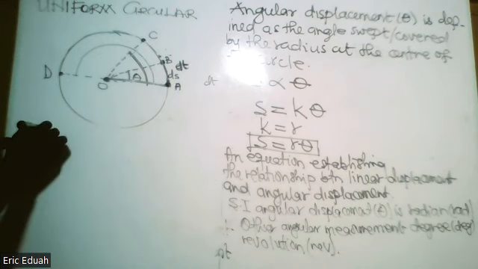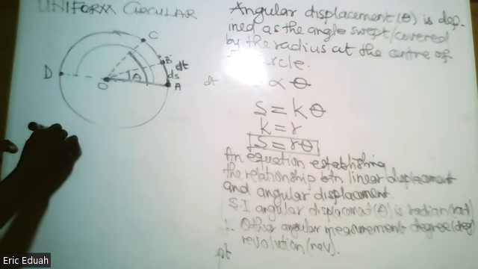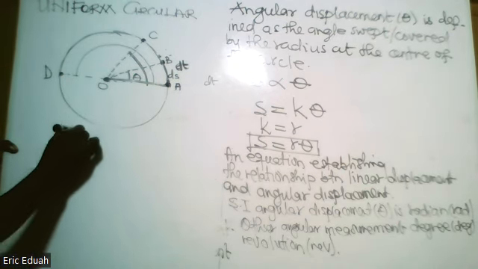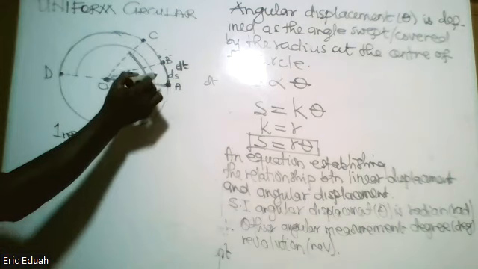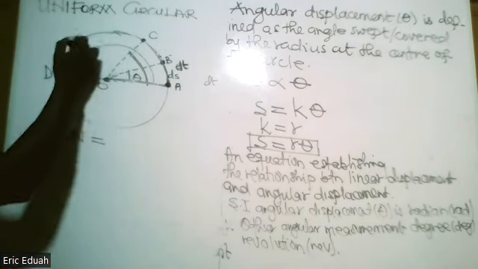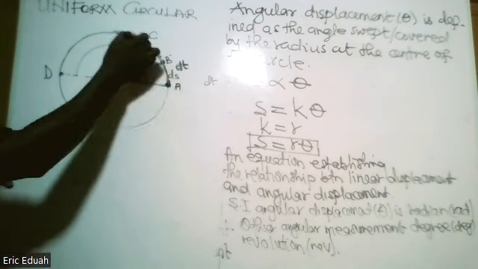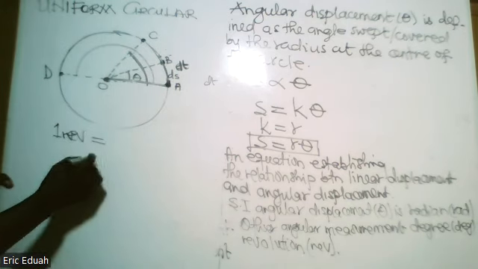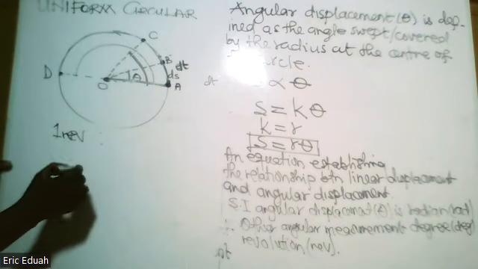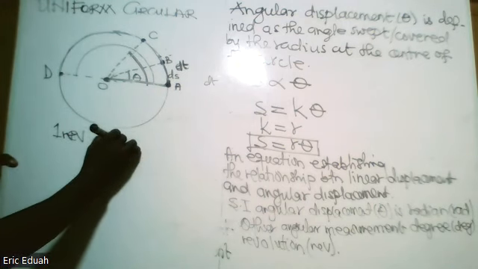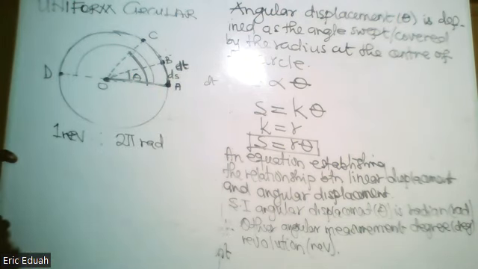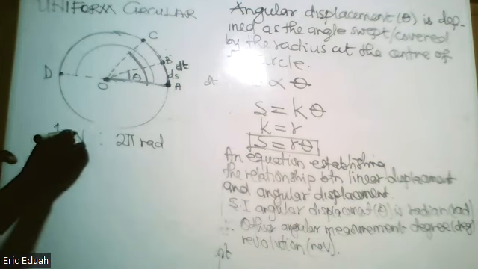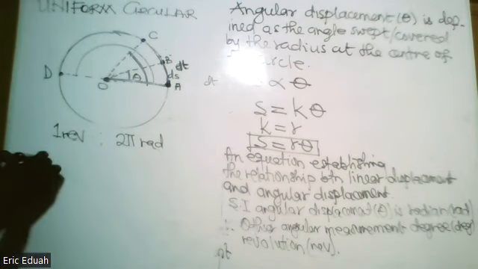So we say that 1 revolution, 1 rev, is 1 complete revolution. When the body starts from maybe a point A, goes and then comes back to the same point, we have 1 complete revolution. 1 revolution is equal to 2 pi radian. So 1 rev is equivalent to 2 pi radian.